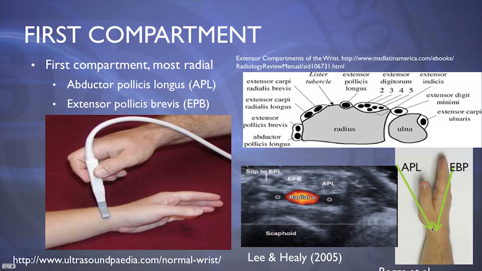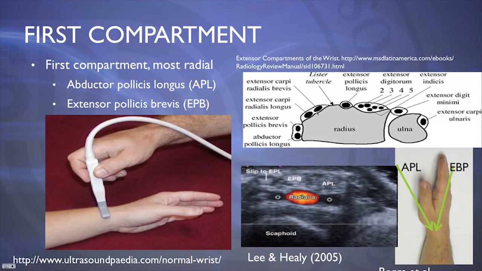So what I do when I'm trying to figure this out is I look at the extensor pollicis brevis as it's next to the second compartment. When we get to second compartment, brevis is next to Lister's tubercle. So it seems like the brevis is going more on the ulnar side of things, if that helps. So here's the first compartment in longitudinal.